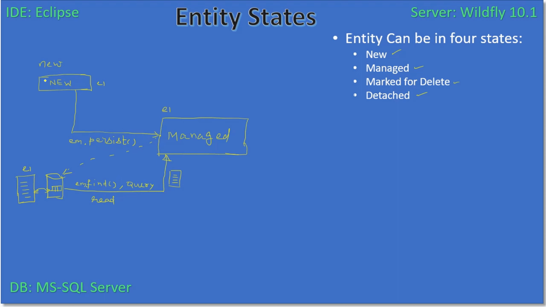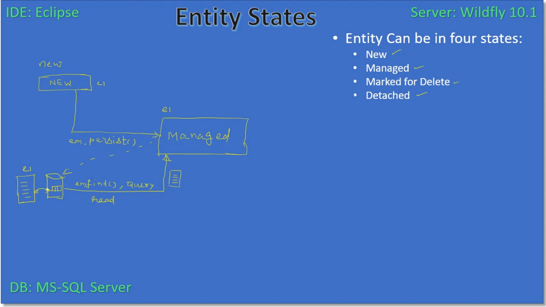you can say when a new instance is created, that's the state here. Using the Java new keyword, you will create an instance, then you will populate fields, all those things. And before the persist, this will be in the new state, or we can even say detached. In a new state, the record will not be in the database at all.